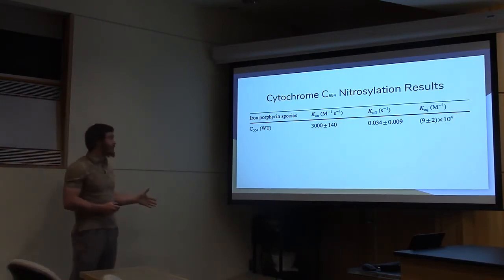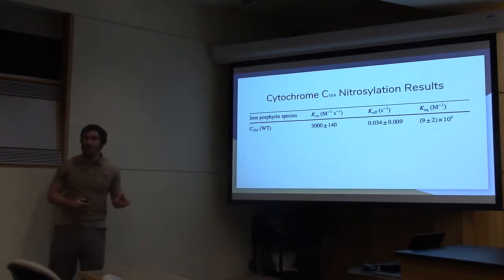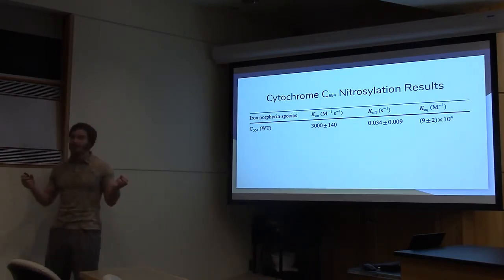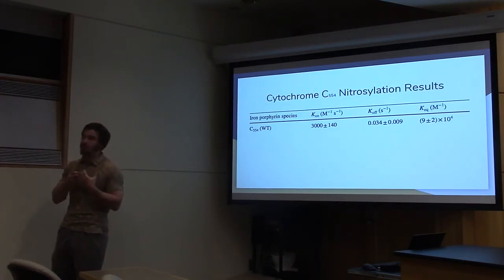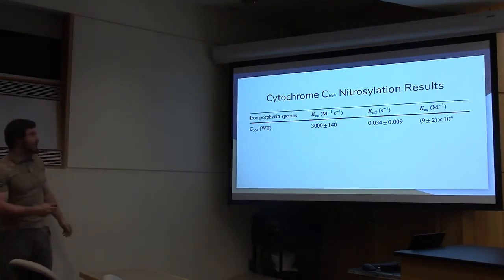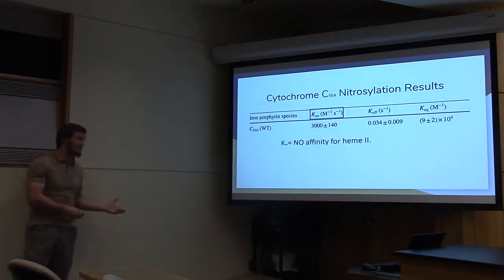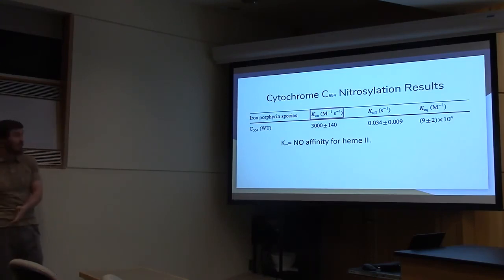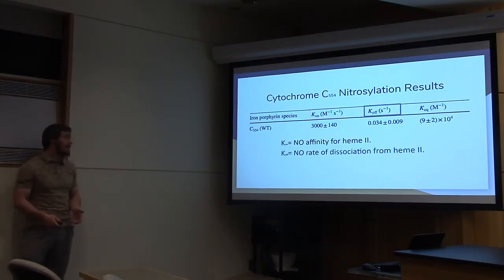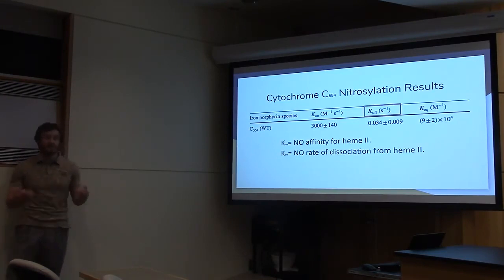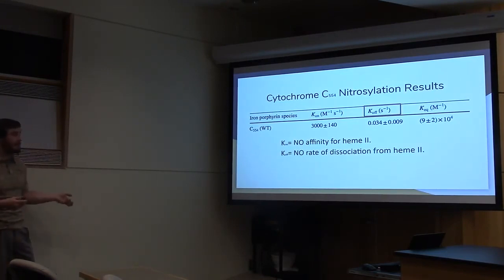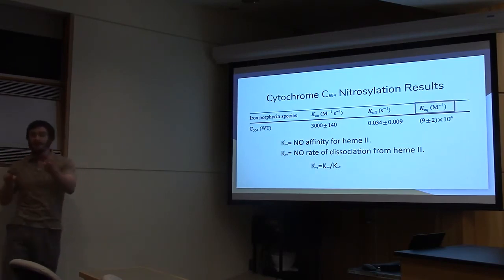K values are basically measuring how well 2 molecules bind to each other. We have K on, which would be nitric oxide's affinity to bind to heme 2. We have K off, which is its rate of dissociation from the heme. And then what we're really concerned about is the K equilibrium, which is the ratio of the balance of these two to see how long it really stays on.